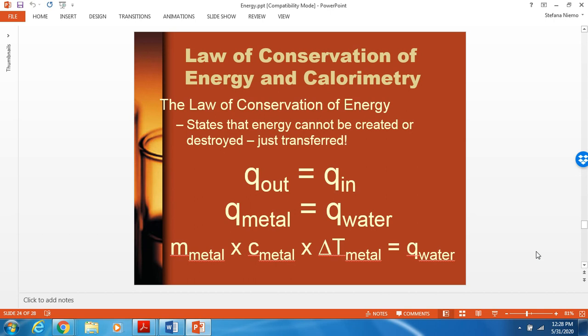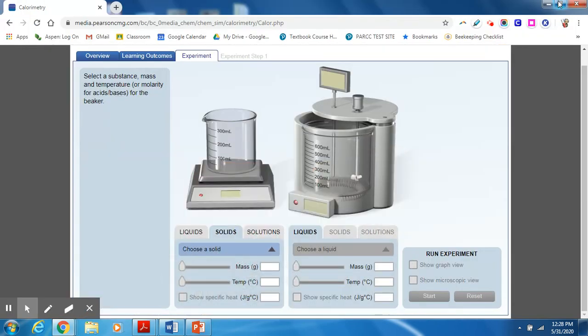In an experiment, we use something called a calorimeter to determine just how much energy can transfer from that metal to the water. And based on that information, we can predict a lot of things about the world around us, just how much energy each individual metal from the periodic table can transfer.